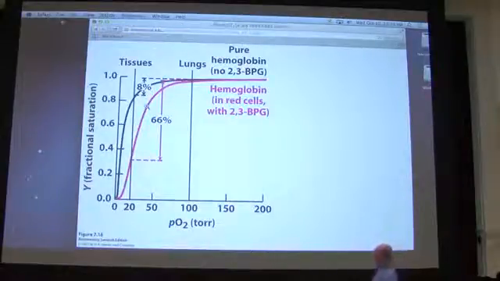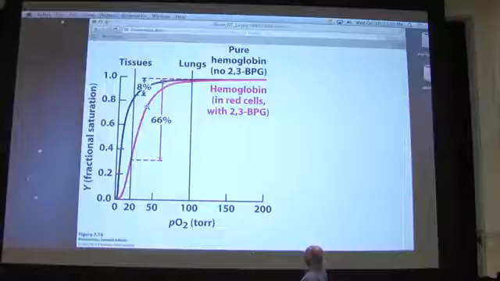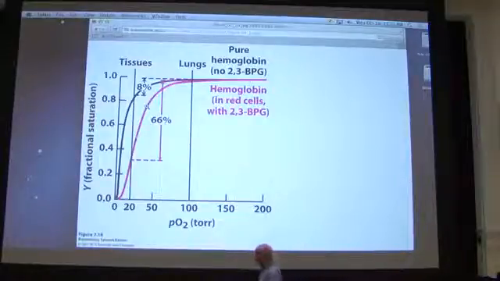All right. Here's what happens if we add 2,3-BPG to hemoglobin. Now, this is exaggerated a little bit. It's making it look like this is more like myoglobin, but in fact, it's not. The addition of 2,3-BPG causes hemoglobin's curve to shift to the right.